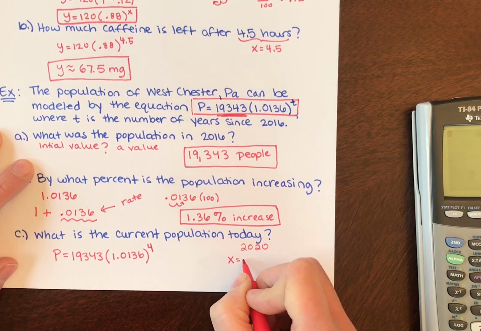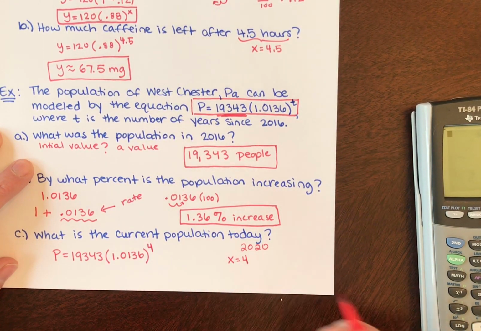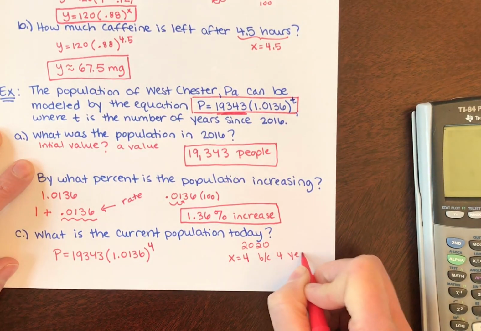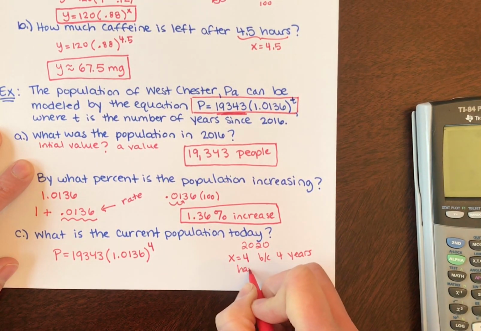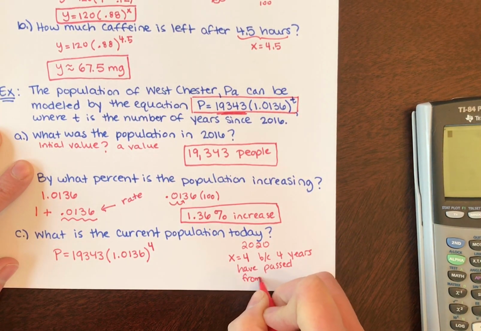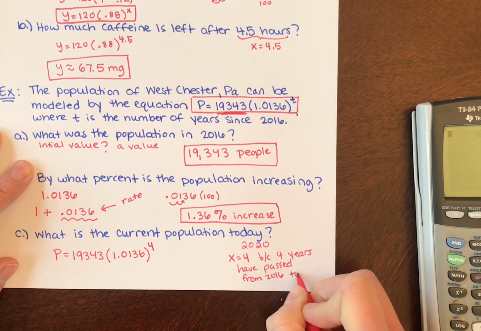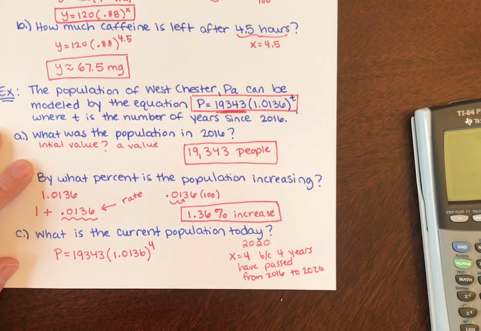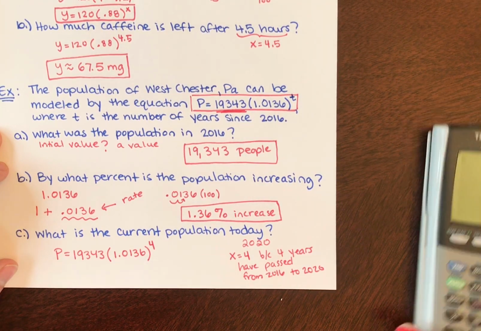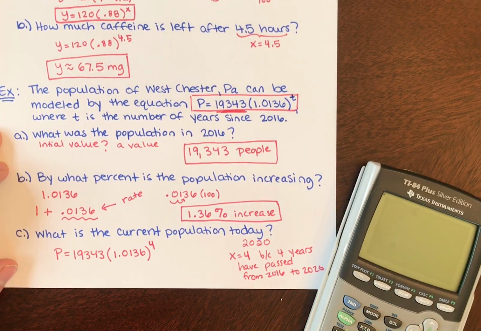So I'm going to plug in t equals 4, because 4 years have passed from 2016 to 2020. So just be careful when asked for a value to plug in. Don't always assume it's the value that they're talking about. You might have to think about what time increment you're talking about and how many years or hours or days have actually passed.